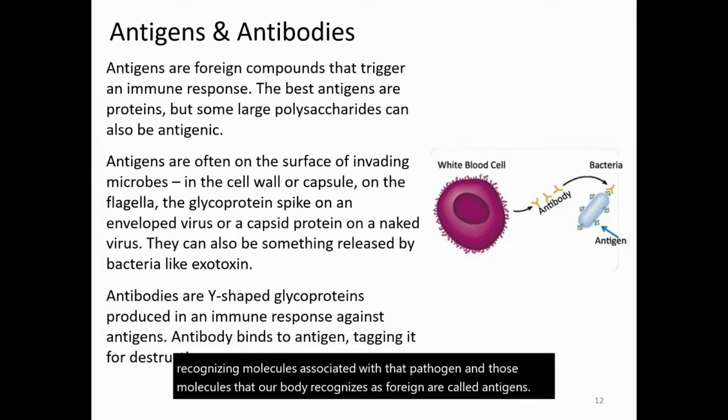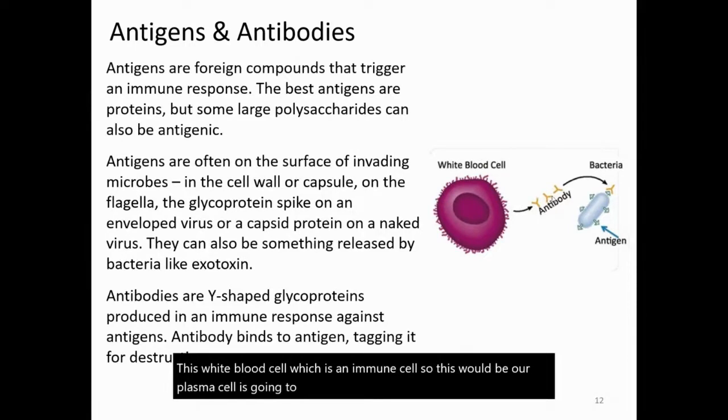So this white blood cell, which is an immune cell, so this would be our plasma cell, is going to release antibodies. And notice that it is specifically attaching to this little triangular region here. That is the part of the bacteria that our body is detecting as foreign. So that's the antigen.